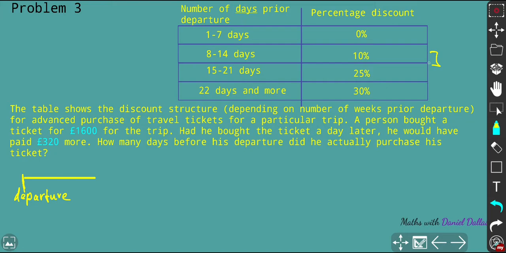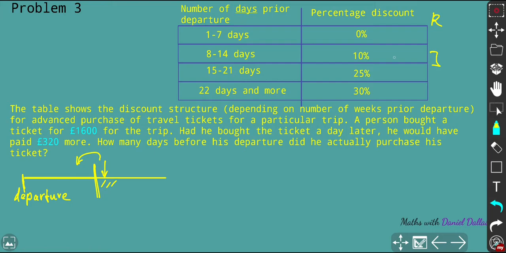So if I set up a certain boundary between the period where you have one discount and another one, I put R indicating the discount rate, and he bought the ticket somewhere here, just at the boundary. And one day later, closer to the departure day, the discount rate should be lower.